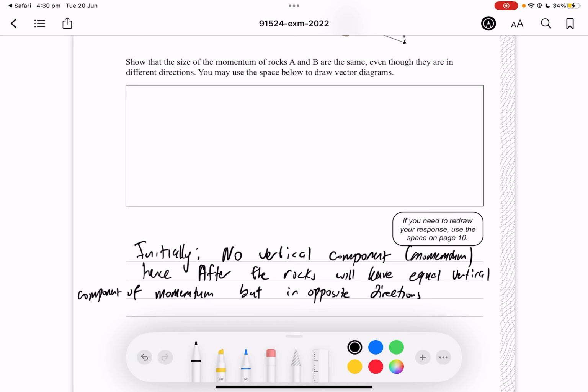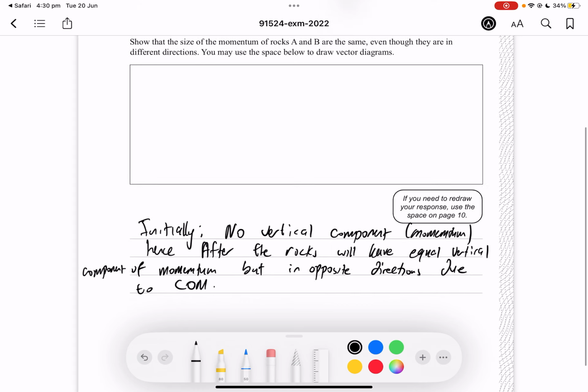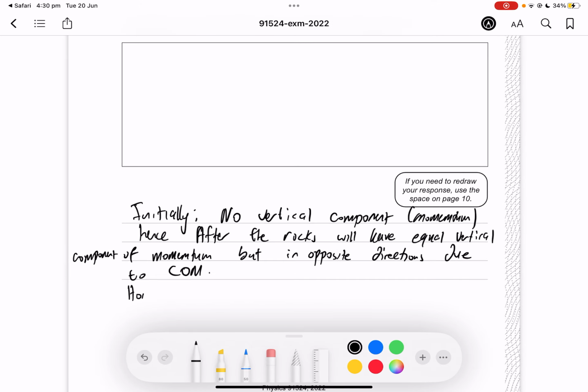And that's directly due to the conservation of momentum, COM. So therefore, the horizontal component is the same since the same angle.